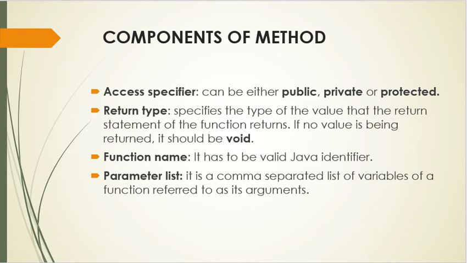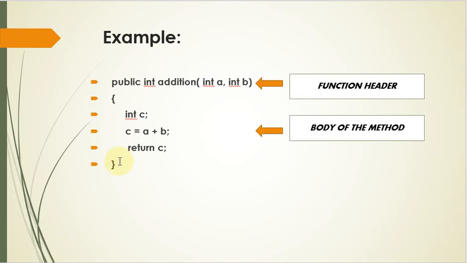When a function is defined to return some output, then inside the body we must include the return statement. As we can see, the last line of this function public int addition, we have included return c. This is the last statement; we have to include the return keyword because the function is returning a value.